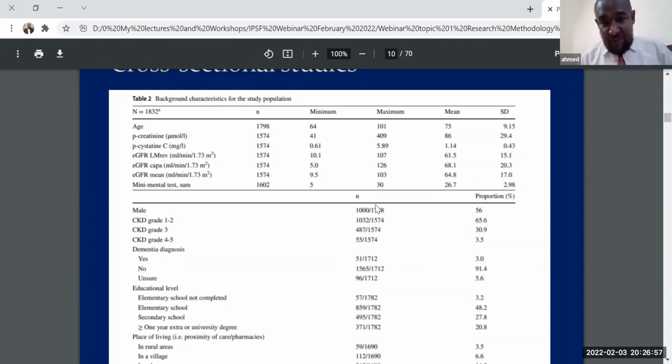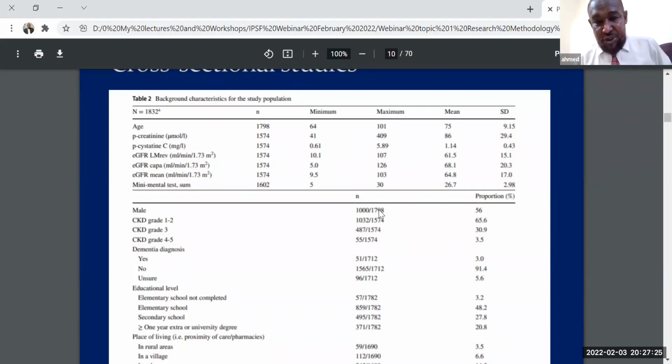Sometimes for frequencies, when they present observations under a certain subgroup, they show the total number, like here, 1,000 out of 1,798 are males, which represents 56%.